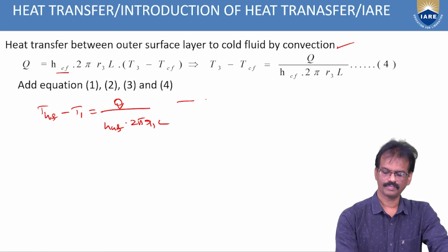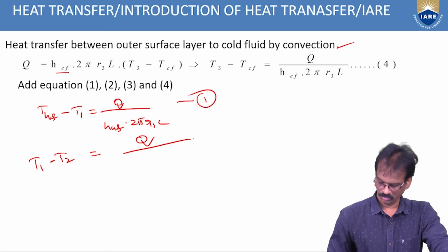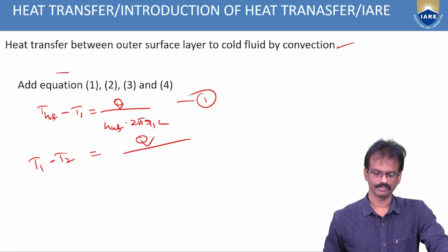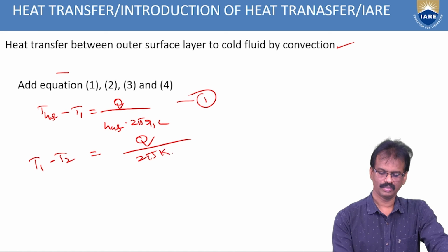Similarly, the second equation we got in the previous slide already: T1 minus T2 is equal to Q by 2 pi KA L by ln R2 by R1.